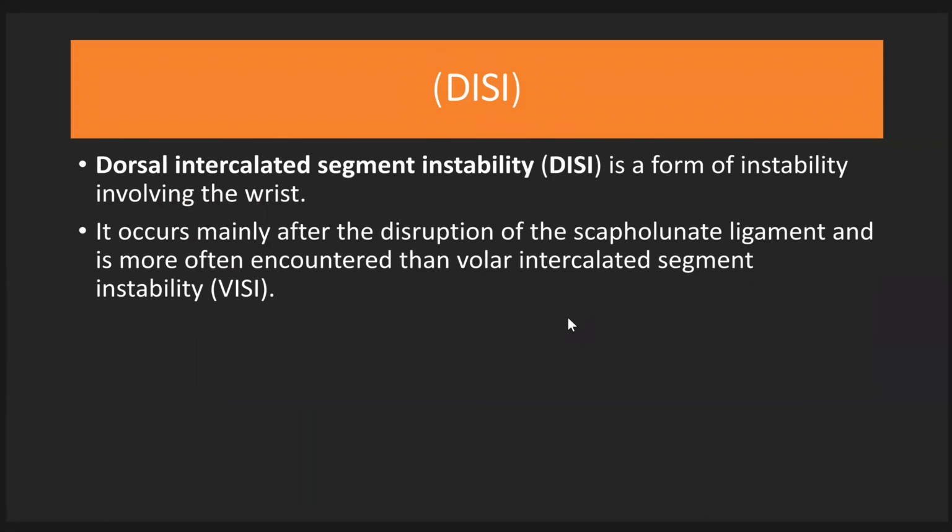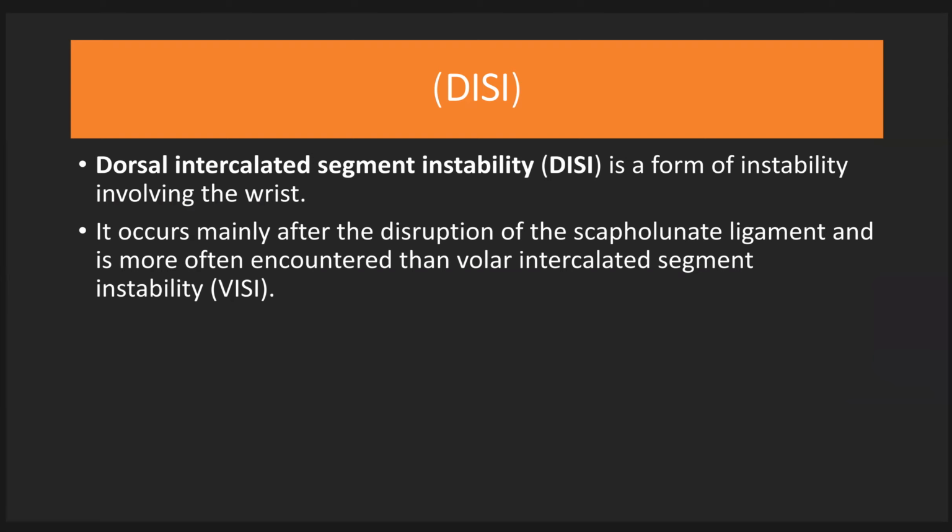What is DISI? Dorsal intercalated segment instability is a form of instability involving the wrist, and can be caused by trauma with or without fracture.